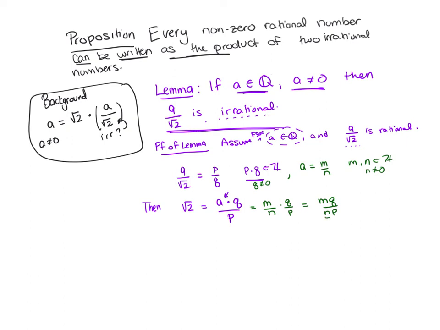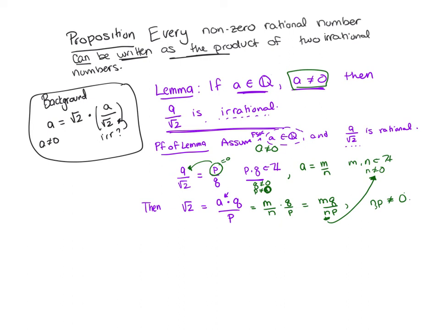Now I know that n is not equal to 0. But how do I know that p is not equal to 0? Well, p would only be 0 if this number was 0. But I know that a is not equal to 0 by my assumption, right? So I put that in here as well: a not equal to 0. So then here I have p not equal to 0, where n and p are not equal to 0.